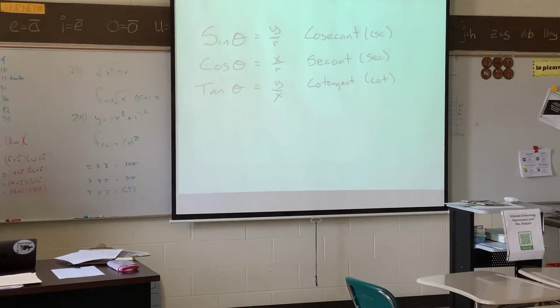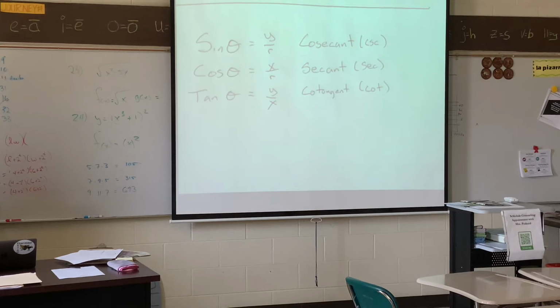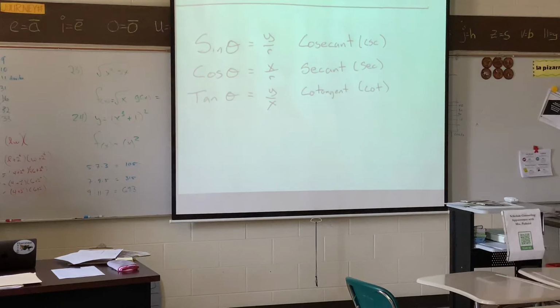So, these things are the exact inverses of each other. If sine is the y side over r, cosecant is r over y.